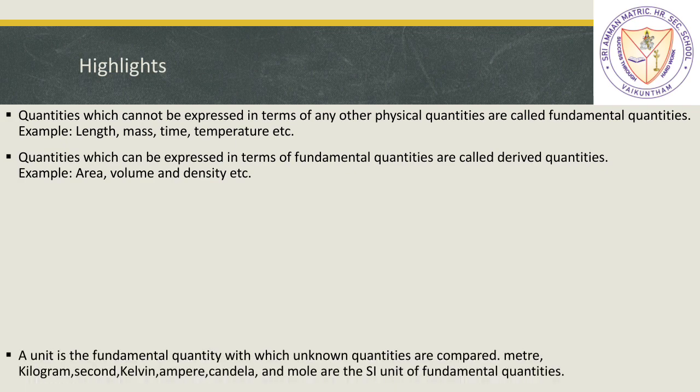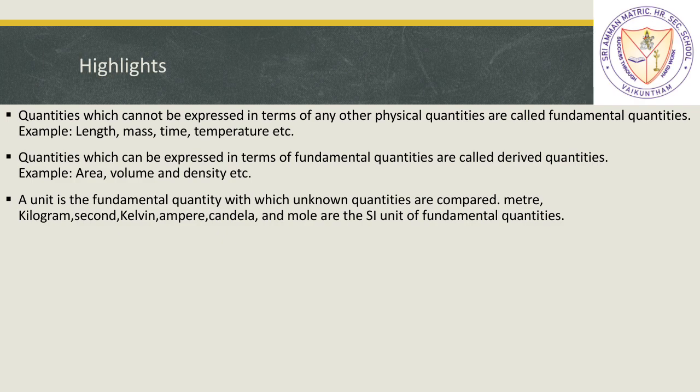After that we studied the SI units. The unit is the fundamental quantity with which the unknown quantities are compared. Meter, kilogram, second, kelvin, ampere, candela, and mole are the SI units of fundamental quantities. Here there is a mistake. You can see the capital letter K in kilogram should be in small letters, and the kelvin also should be in small letters.